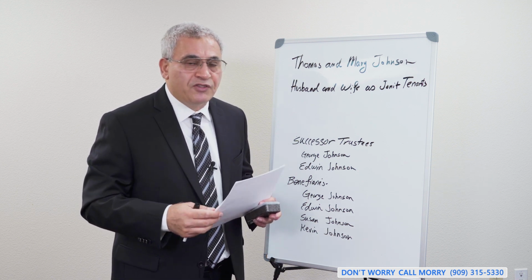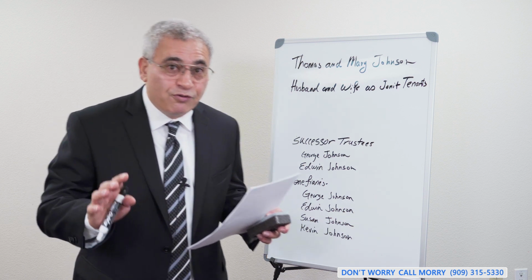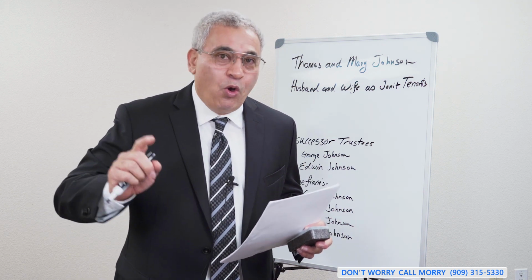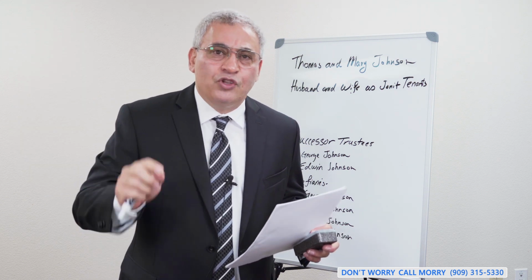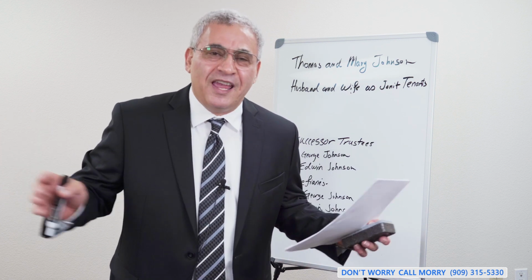Now, the trust is an amazing piece of document. The original idea for the trust came from the British. In the old days, when there were all those kings, in the 15th century, the oldest son was the one who inherited everything.